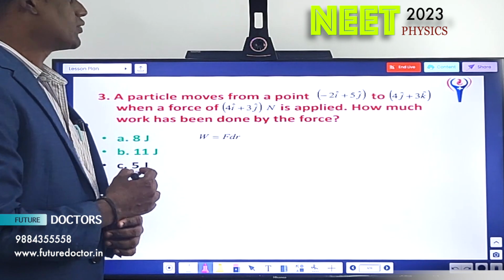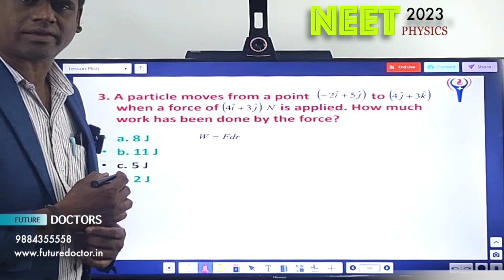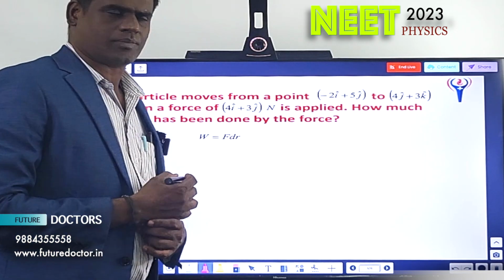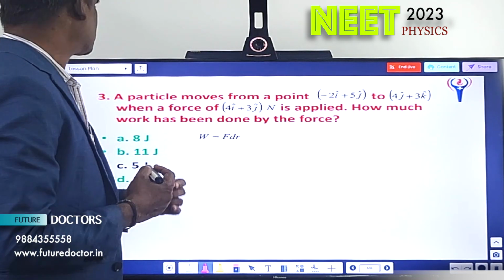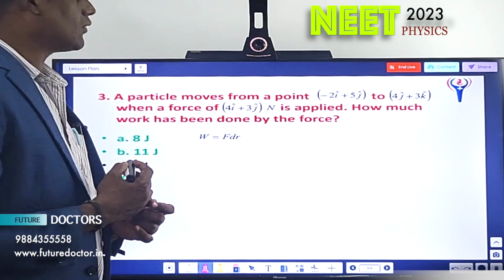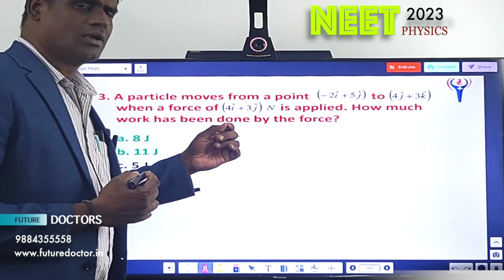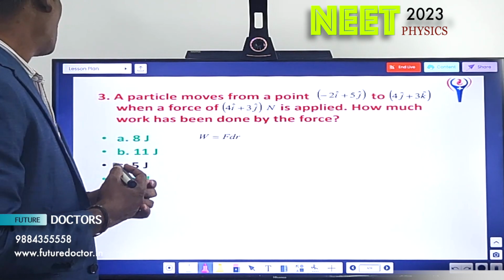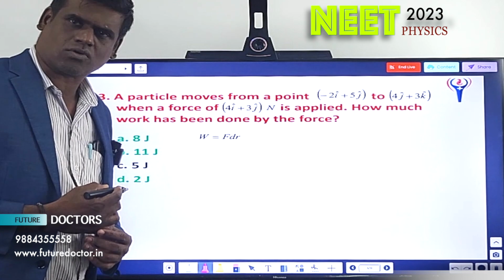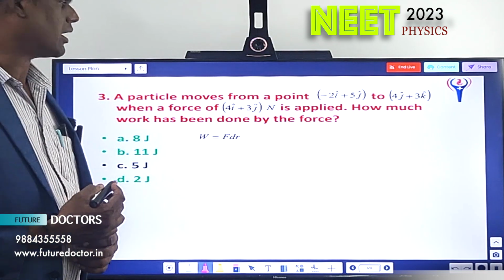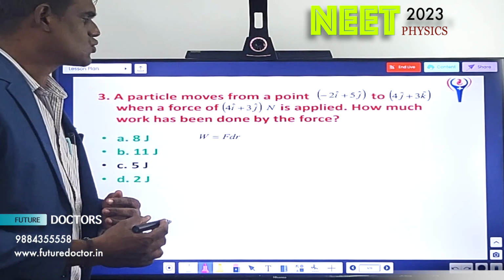A particle moves from a point minus 2i cap plus 5j cap to 4j cap plus 3k cap when a force of 4i plus 3j cap newton is applied. How much work has been done by the force? W equal to F dot dr, and dr is given only as two positions.